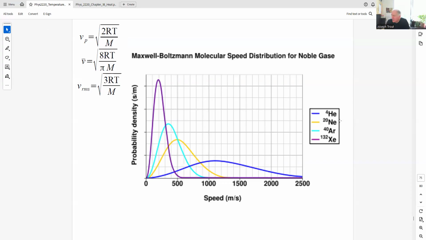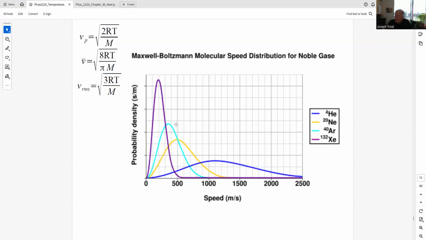So for example, helium has a very high speed. However, this probability function is spread out. So what we'll have is a few molecules going really fast and some going really slow, and the average is pretty high.